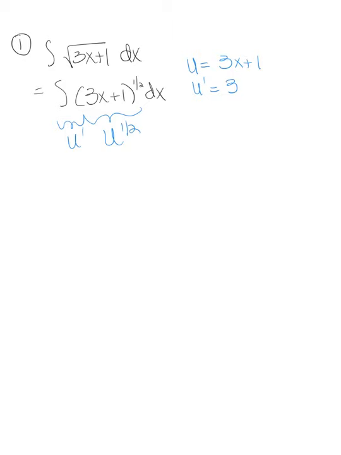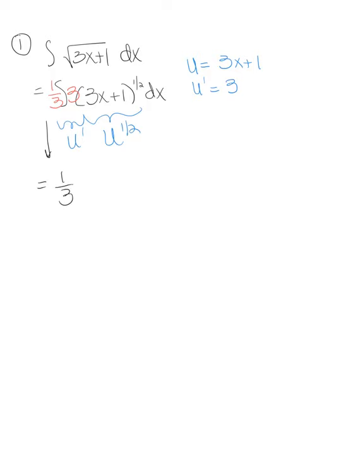Well, if I need a number, I can multiply by that number as long as I multiply on the outside by the reciprocal. That way, in essence, I really haven't changed anything. If I look at that multiplication, it amounts to 1. Remember, I need that u prime on the inside, even though it doesn't come out in the answer.